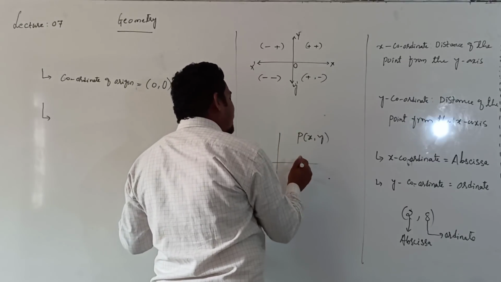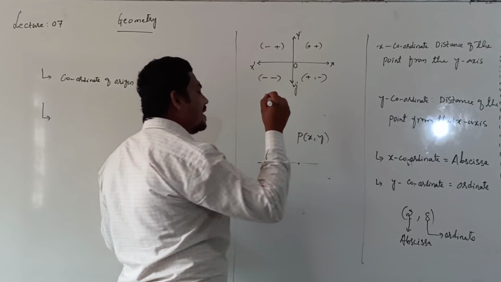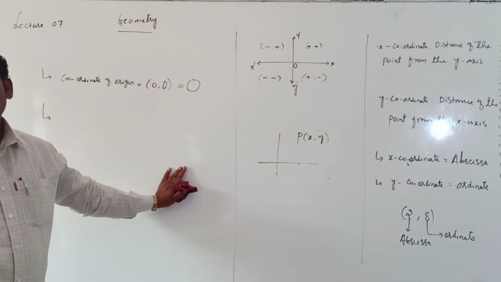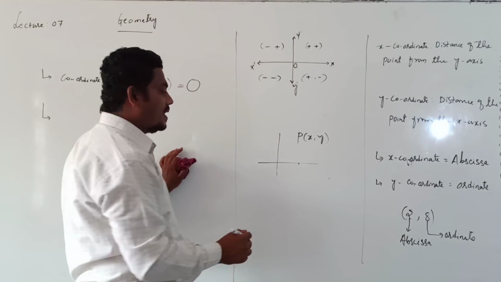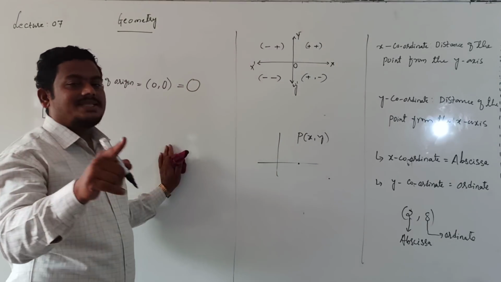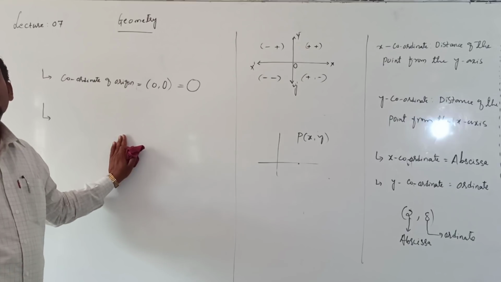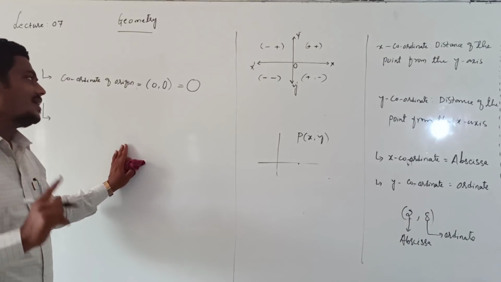If you take this point on the x-axis, then clearly vertical distance becomes 0. Vertical distance 0 means y coordinate 0. Any point on the x-axis is always of the form x comma 0. X coordinate non-zero, y coordinate 0.